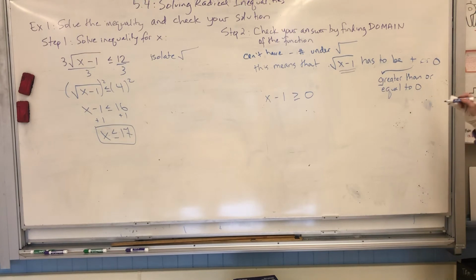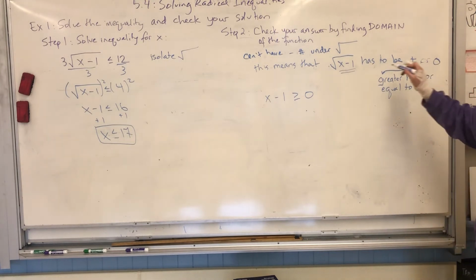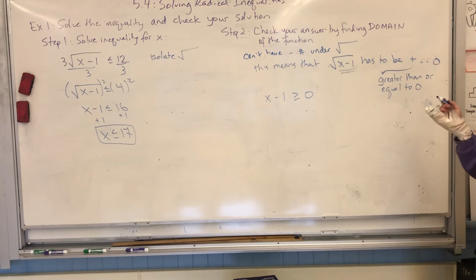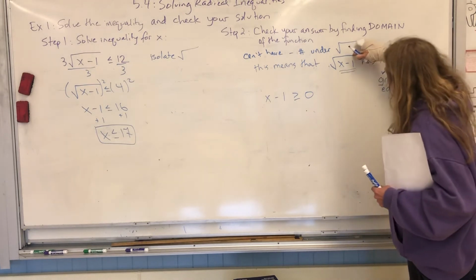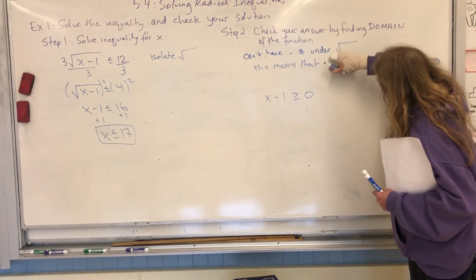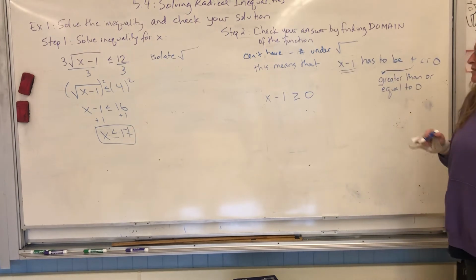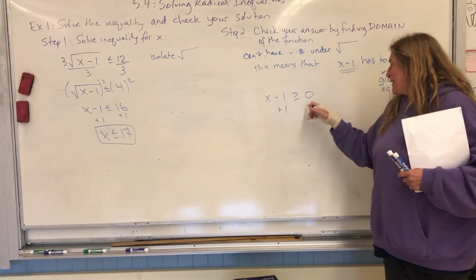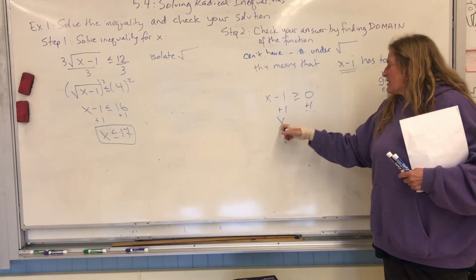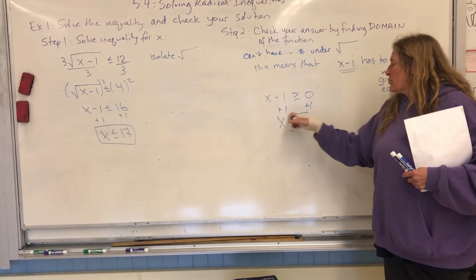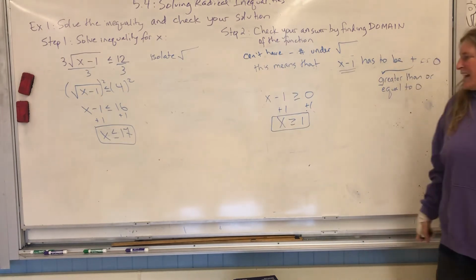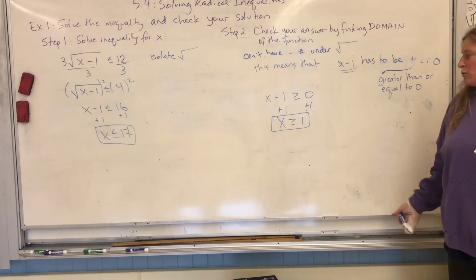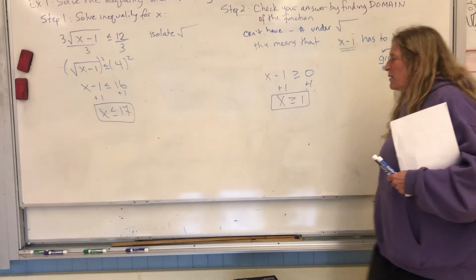Otherwise, I'm going to end up with a negative number under there. It's really the x minus 1 that has to be greater than or equal to 0, because that's what's under the square root. So in addition to the fact that x is less than or equal to 17, it's also true that x has to be greater than or equal to 1. So both these must be true.